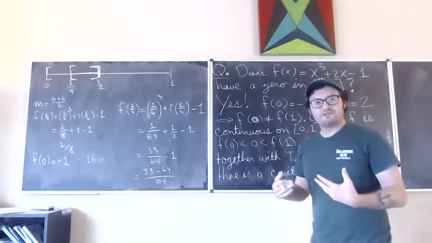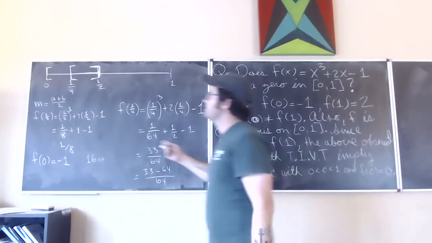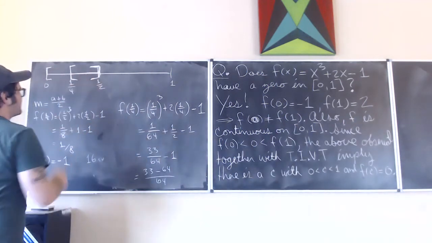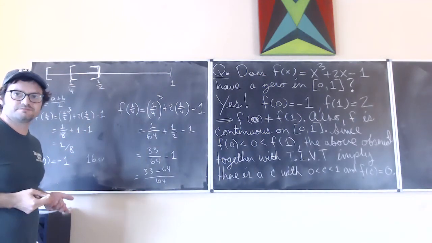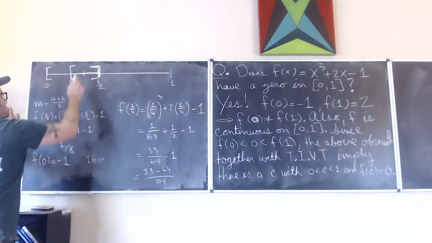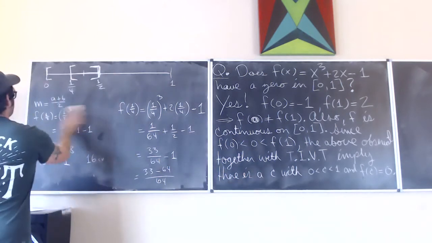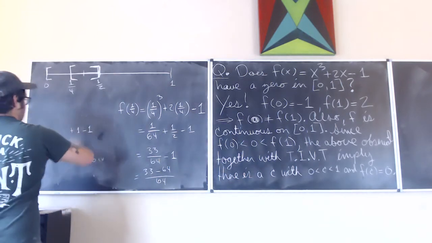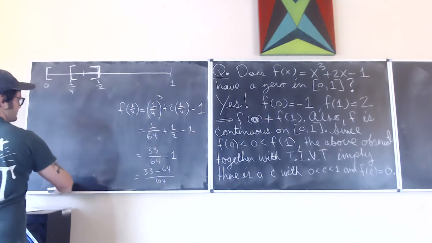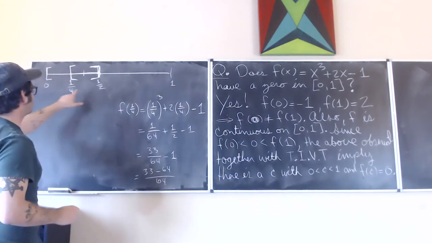And the intermediate value theorem, again, because the function is continuous, tells me that there is some value in there where the function is going to equal 0. So then I do it again. I take the midpoint there. So I know that f of that's positive, f of that's negative.